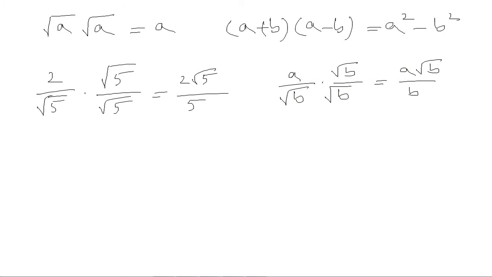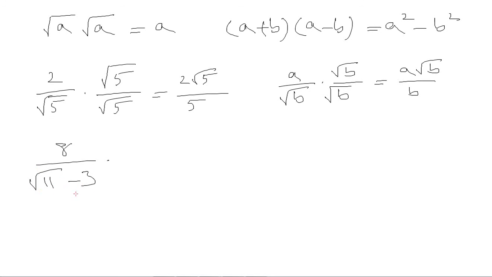Another example, if you have 8 over radical 11 minus 3, and you want to rationalize the denominator. Here you have a minus b in the denominator. So radical 11 is my a and 3 is my b.